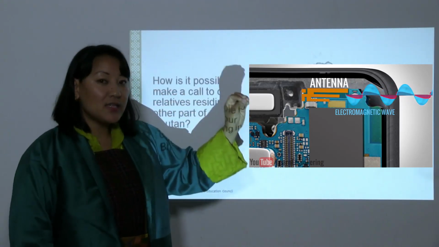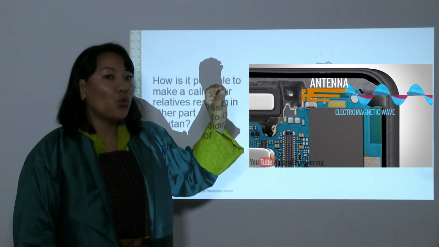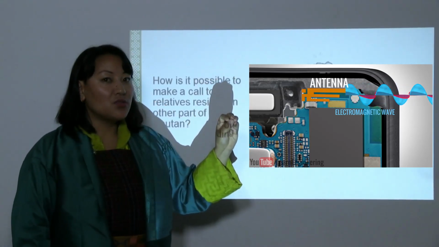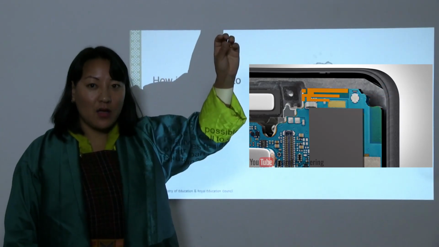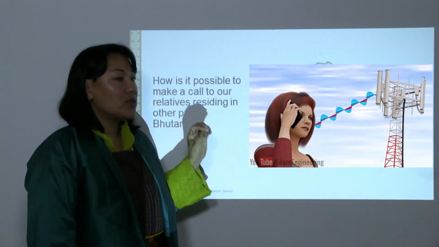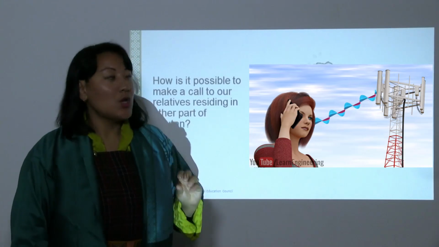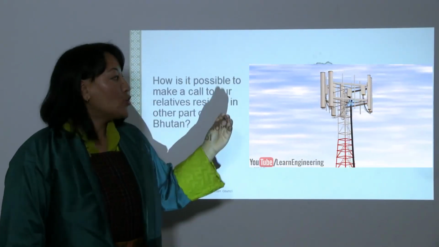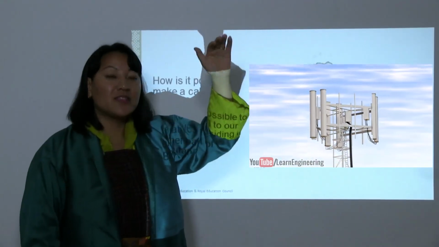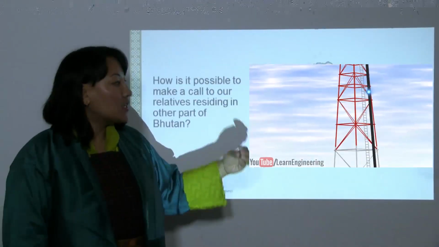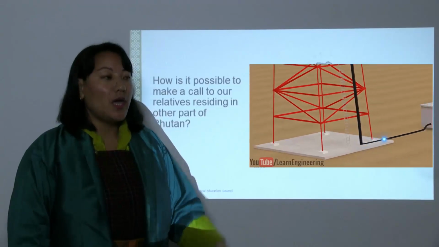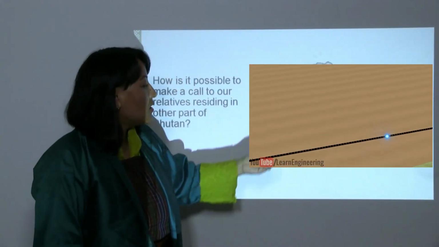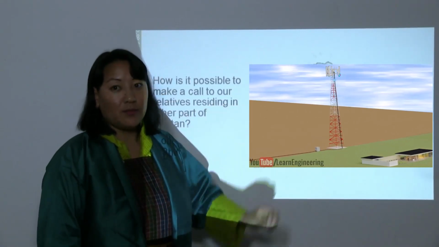So from that antenna, the electromagnetic wave in the form of signal is received by the antenna which is fixed on the mobile tower. From the antenna of a mobile tower, through air propagation or sky propagation or ground wave propagation, it is sent to another tower stationed in another part of Bhutan.